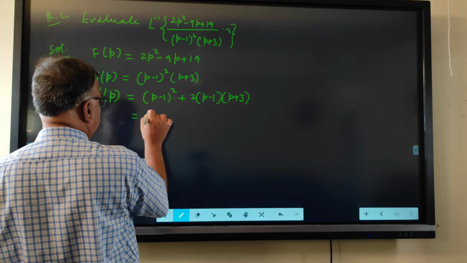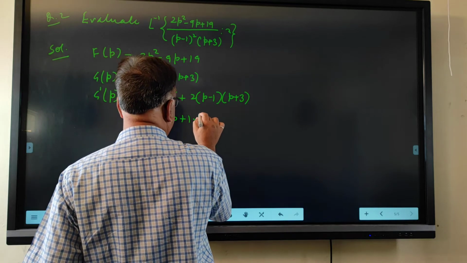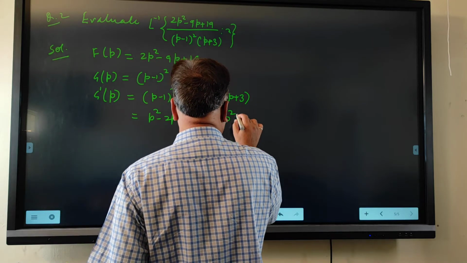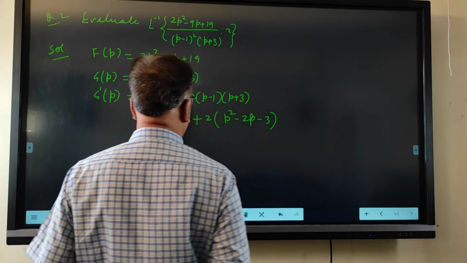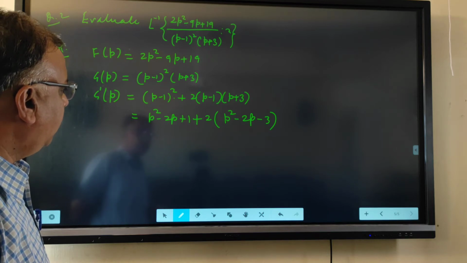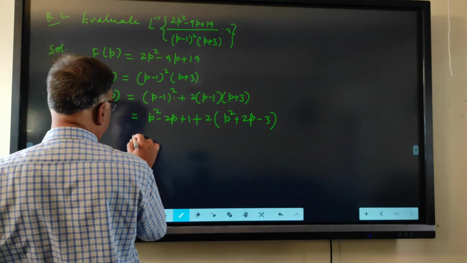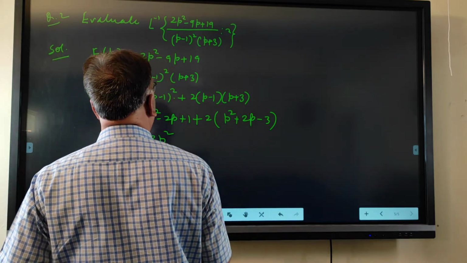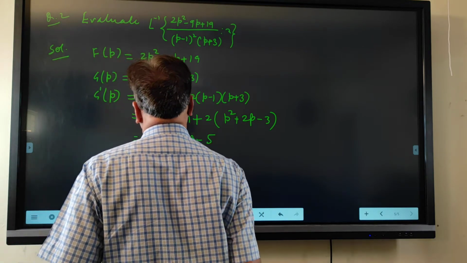That is p square minus 2p plus 1 plus 2 into (p square plus 3p minus p minus 3). Or we get it as 3p square minus 2p plus 4p, that is 2p, plus 1 minus 6, that is minus 5.